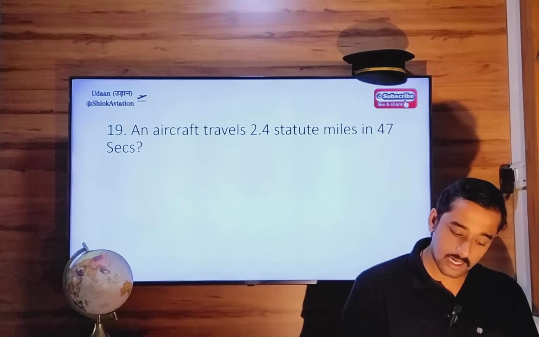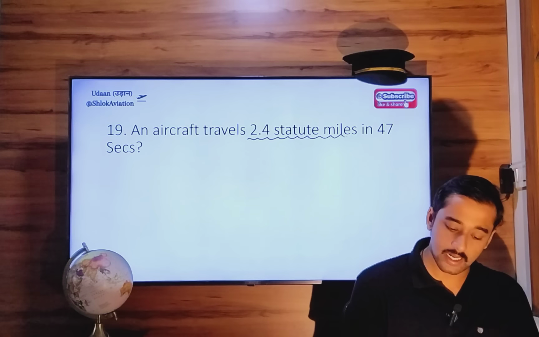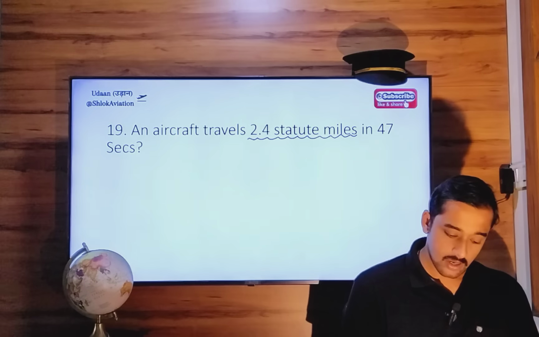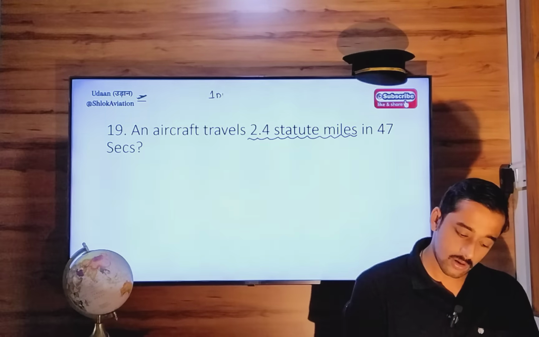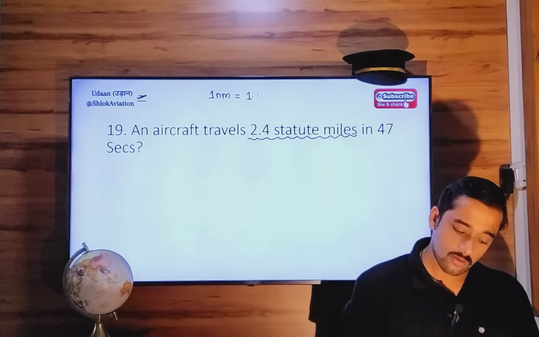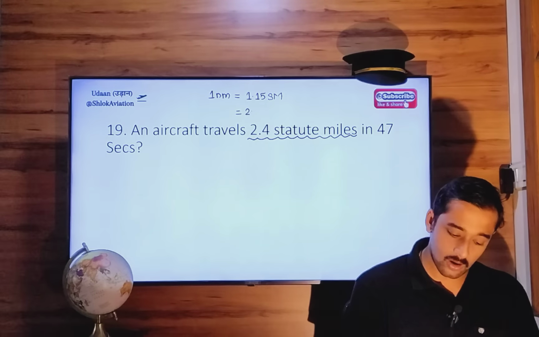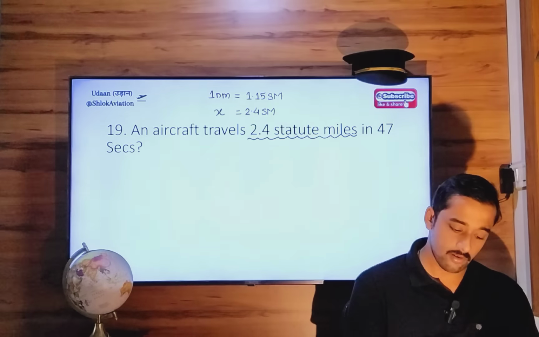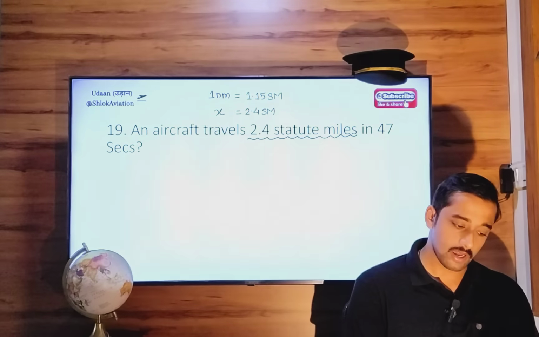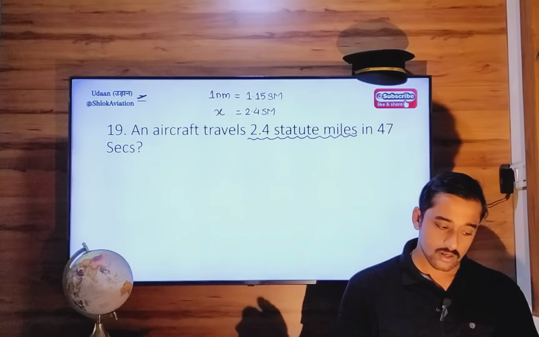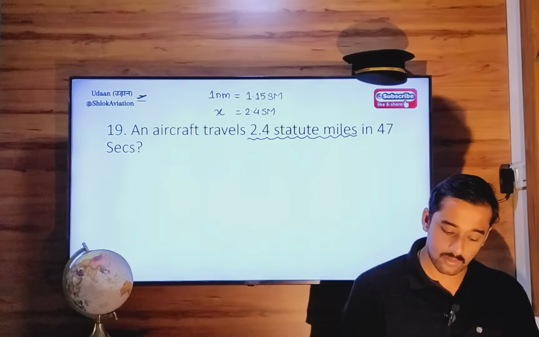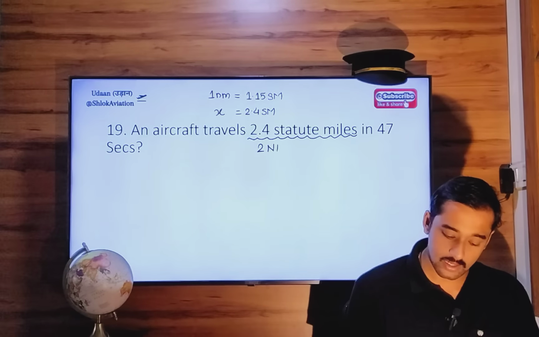So we'll convert this 2.4 statute miles into nautical miles. 1 nautical mile equals 1.15 statute miles. So 2.4 will be how many? 2.4 divided by 1.15, that is 2.08 nautical miles. So approximately 2 nautical miles.